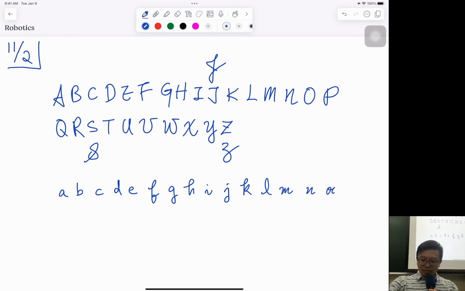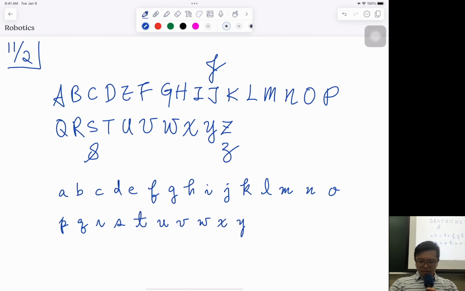Oops. So the most difficult ones are probably R and S. Okay, that's how I write. Of course, sometimes I write R like this, and S, of course, sometimes like this. So if you have difficulty understanding my written characters, let me know. Okay?